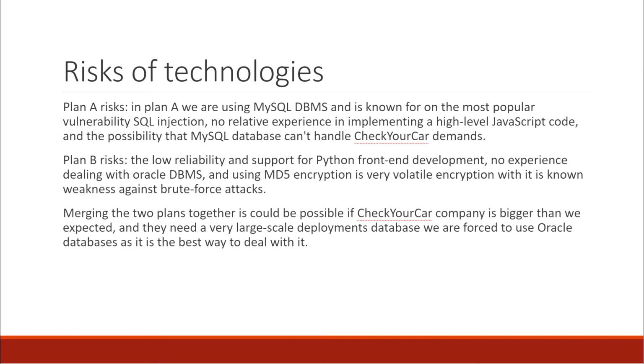There is no relative experience in implementing high-level JavaScript code, and the possibility that MySQL database can't handle check your card demands. The risk of Plan B: the low reliability and support for Python front-end development, no experience dealing with the Oracle database management system, and using MD5 encryption, which is a very volatile encryption with a known weakness against brute force attacks.